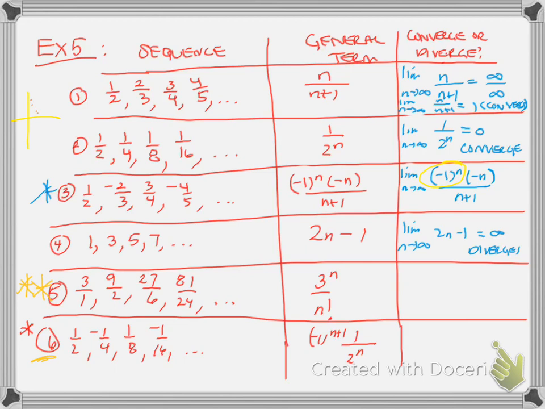So if you have a sequence that's converging to 0, well, let's say it's positive, and then it's negative, and then it's positive, and then it's negative, but it's getting closer and closer to 0, okay? So that's when it actually will converge to 0.